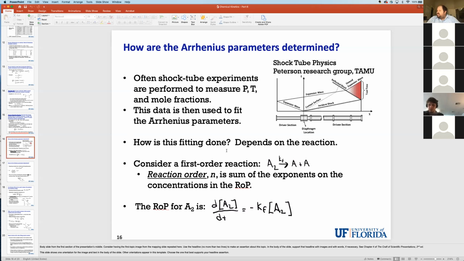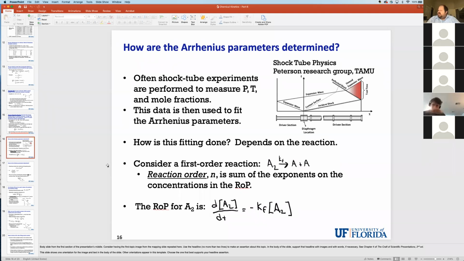Well, it depends on the reaction. So let's just consider a first order reaction here. It's just a generic reaction. It's A2 goes at some forward rate constant Kf to 2A. Okay, and I didn't mention reaction order earlier, but you could consider that reaction order N is the sum of exponents on the concentrations in the rate of production.